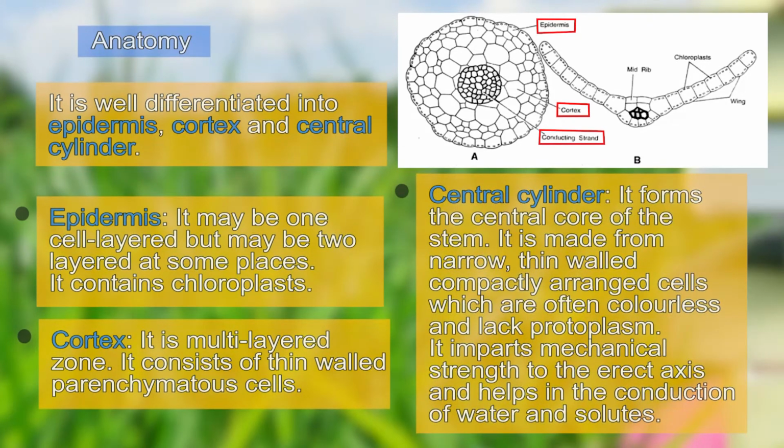It forms the central core of the stem. It is made from narrow, thin-walled, compactly arranged cells which are often colorless and lack protoplasm. It imparts mechanical strength to the erect axis and helps in the conduction of water and solutes. So here we see the development of a vascular cylinder or the vascular zone.